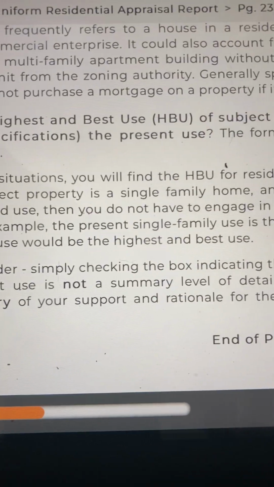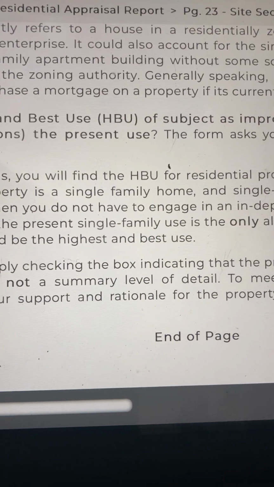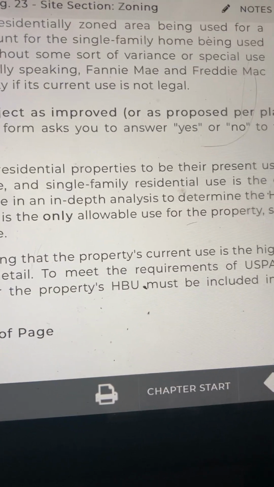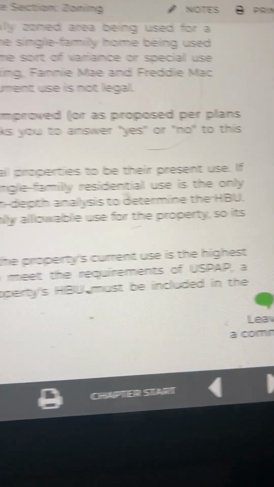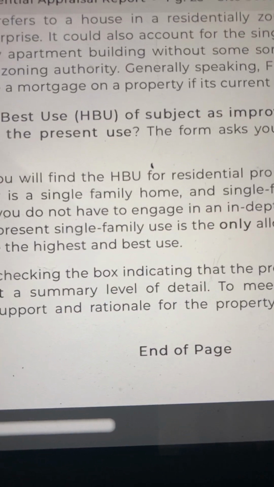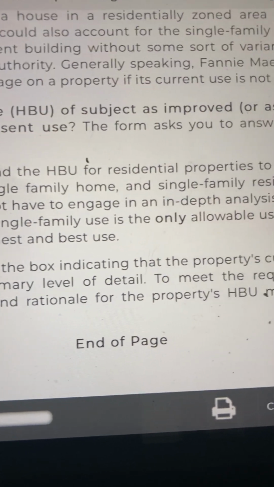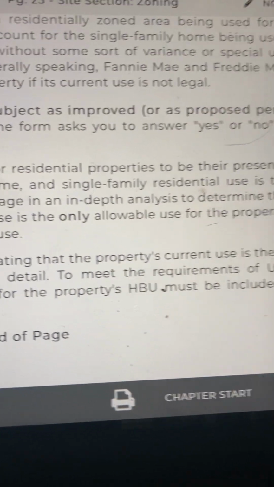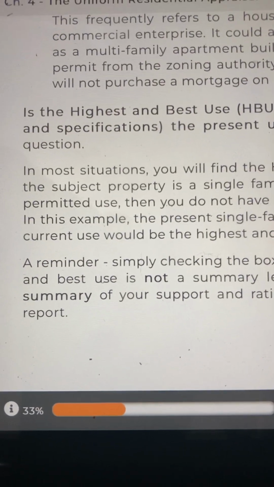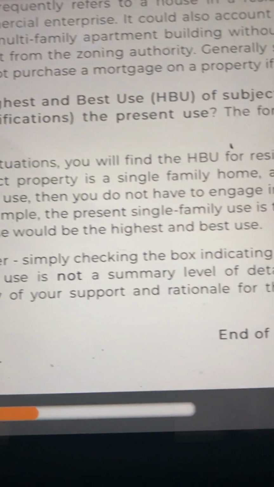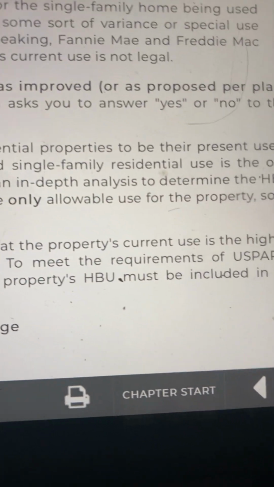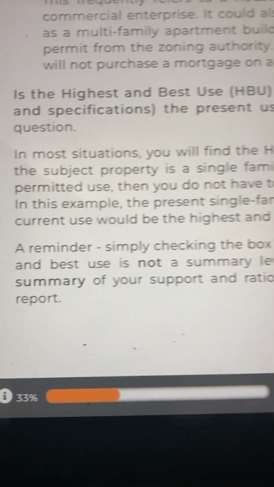Is the highest and best use, HBU, of subject as improved or as proposed per plans and specifications? The present use. The form asks you to answer yes or no to this question. In most situations, you will find the highest and best use for residential properties to be their present use.